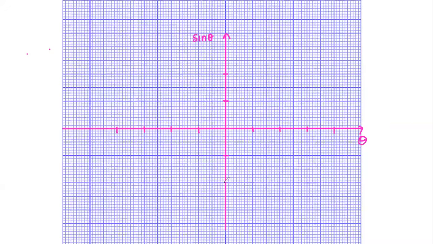This one can be my 1, and this one can be my 2. So that means that here we shall have our 0. This is going to be negative 90, negative 180, negative 270, and then negative 360. Then I'll have here my 90. Then I'm going to have 180. I'm going to have 270 and then 360.